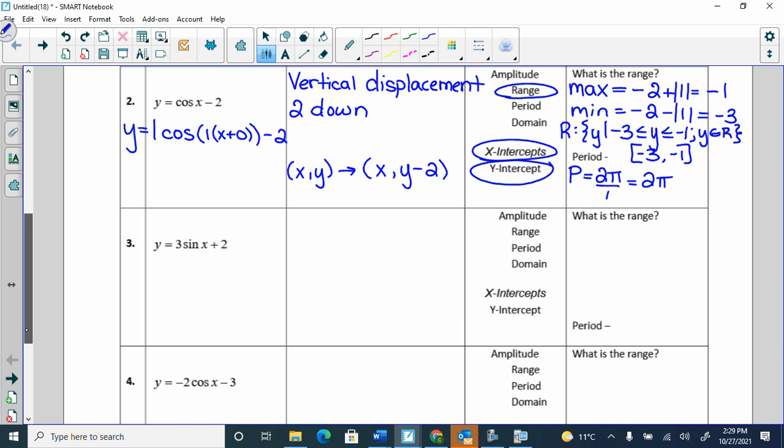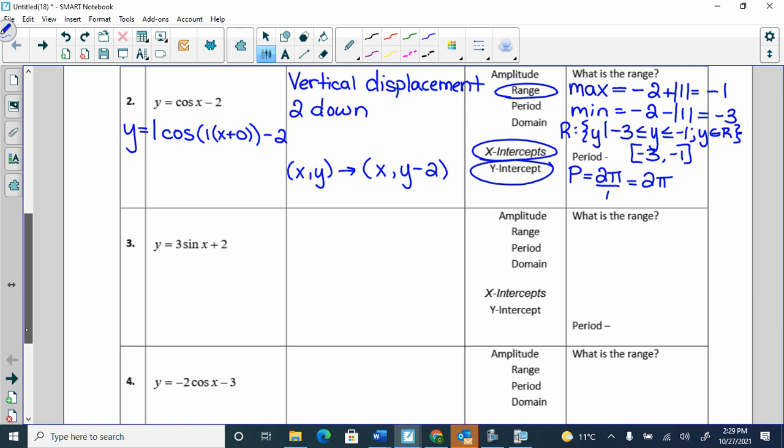Okay, we're going to do number 3 together, and then number 4 you're going to try, and we're just going to keep doing that. Number 3, what's my change? There's an A value this time, which means what's changing? My amplitude. I'm vertically stretching this. It's at -1, 1, and I'm pulling it by 3, aren't I? That's all I'm doing.